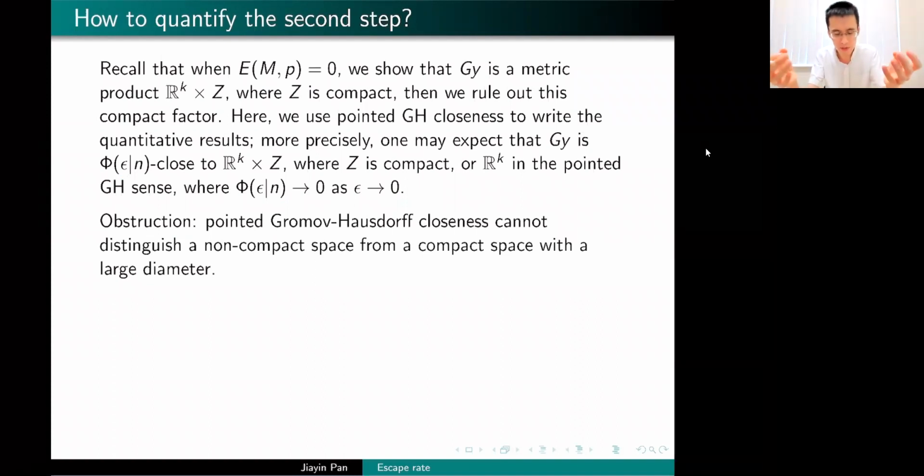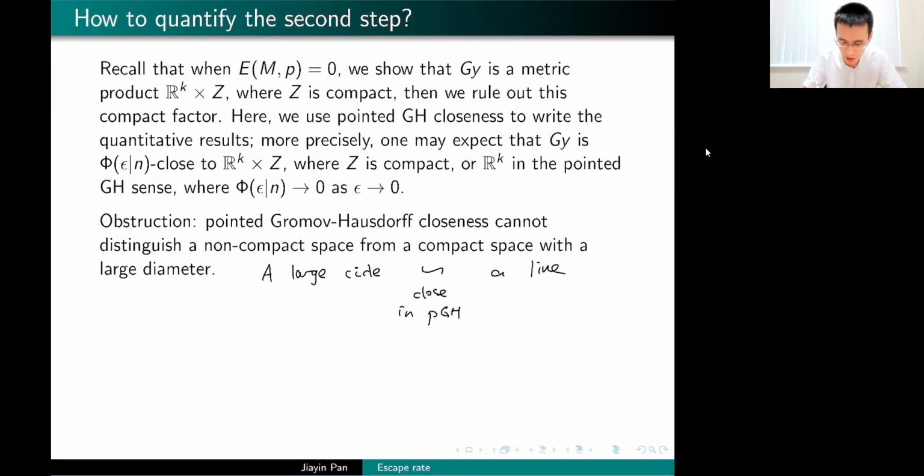For example, if two spaces are close in the pointed Gromov-Hausdorff sense, that means if you take a very large ball around your reference point, then these two large balls are close. So if you have an extremely large circle and also a line, these two could be close in the pointed Gromov-Hausdorff topology.